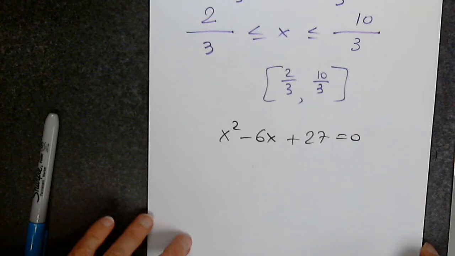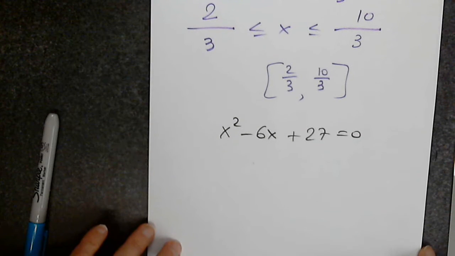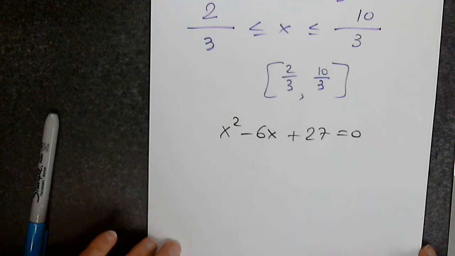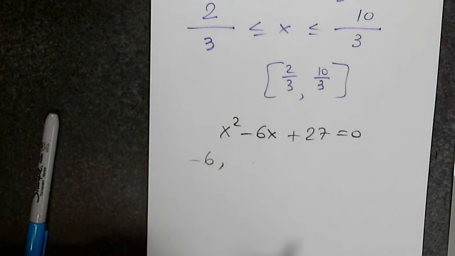First step towards completing the square. Identify the middle coefficient, which is negative 6. We divide negative 6 by 2, because remember the formula.